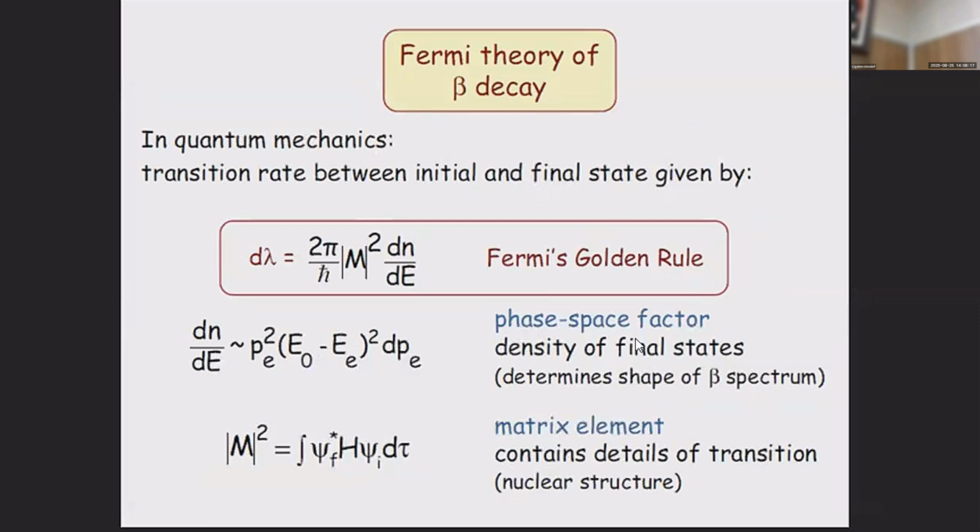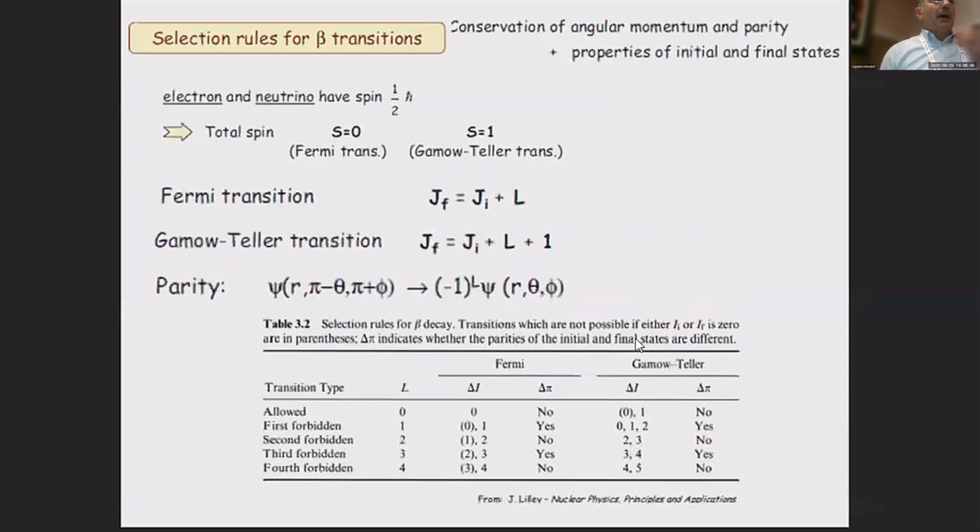That's a matrix element M, and the density of the particle, that's called the density of final states for the shape of the beta spectrum, and this matrix element is the initial and final wave function normalization with the Hamiltonian. Therefore, this is Fermi's golden rule that's important for the flux.